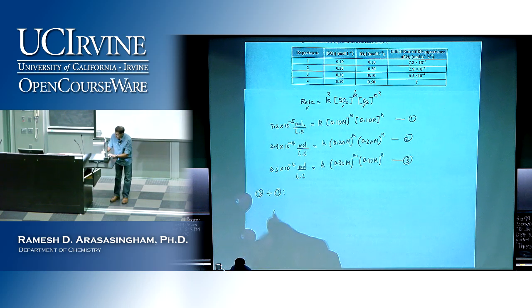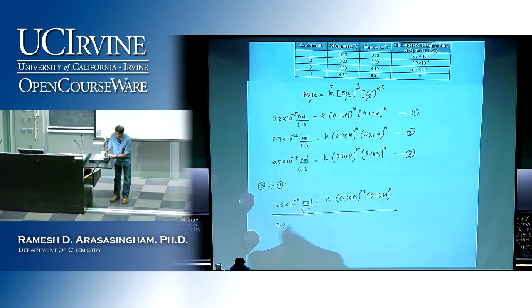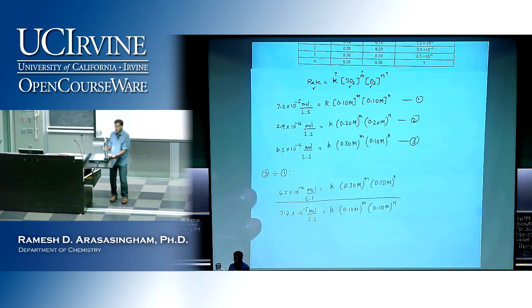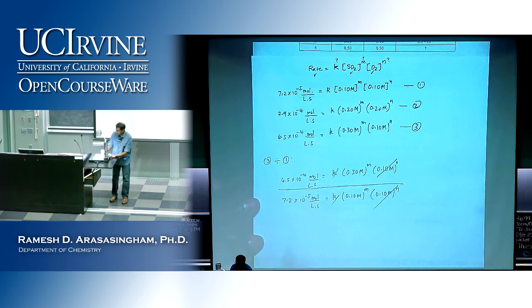Okay? So that means I have 6.5 times 10 to the negative 4 moles per liter per second equals K times 0.30 molar raised to the power M, 0.10 molar raised to the power N. I'm going to divide by a smaller number, which is 7.2 times 10 to the negative 5 moles per liter per second, K times 0.1 molar raised to the power M times 0.1 molar raised to the power N. So you can see K and K will cancel out. 0.1 molar raised to the power N and 0.1 molar raised to the power N will cancel out.